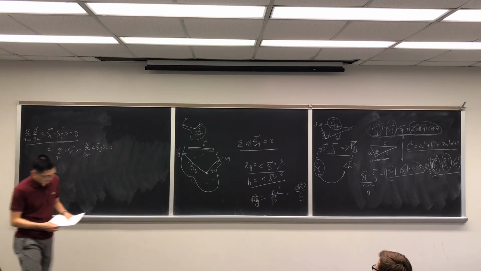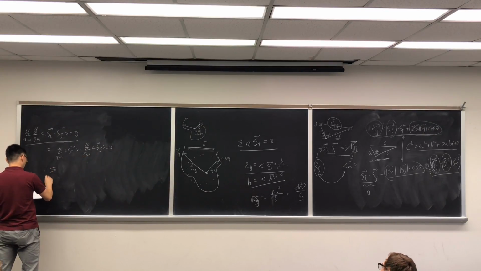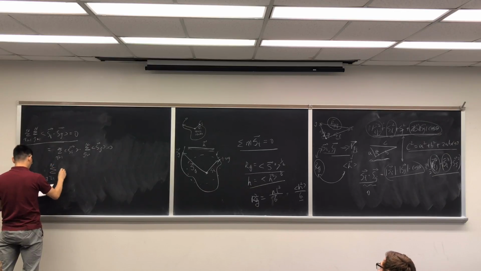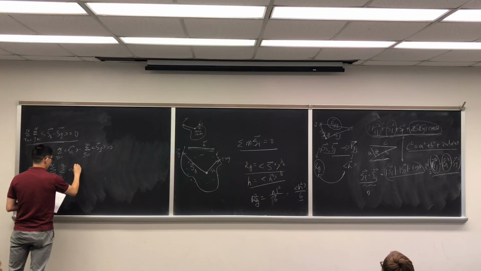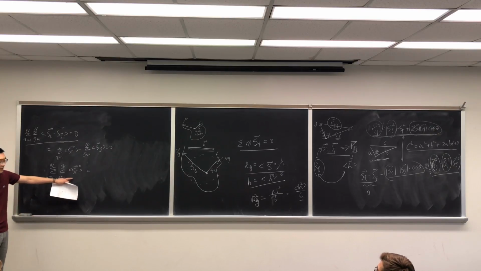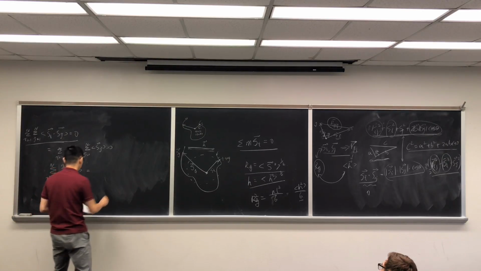So how about this parameter? If we add everything for the Si, i equals 1 to n, this is basically the definition of RG, or part of the definition of RG, right?